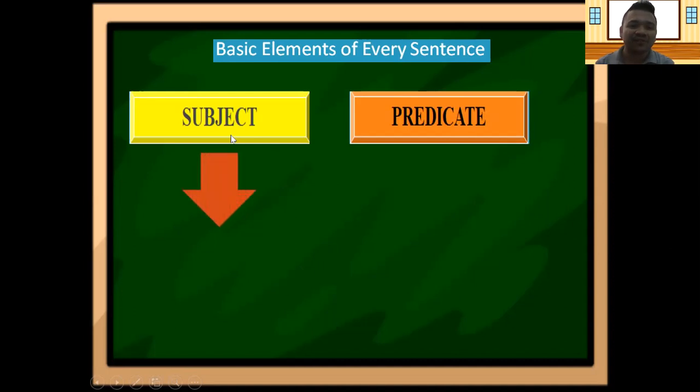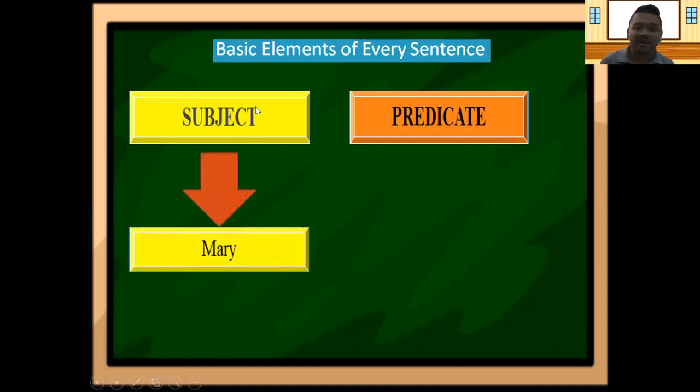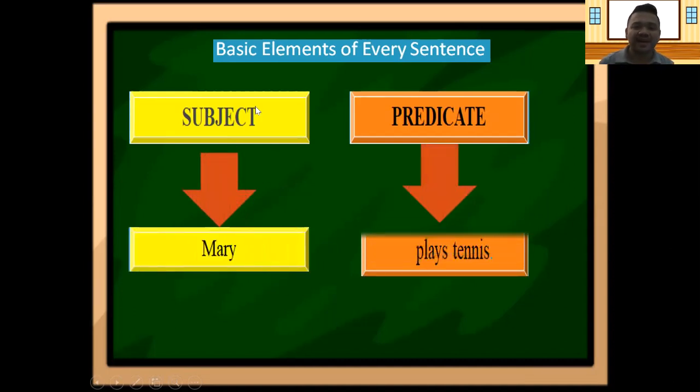For example, the subject is Mary, and the predicate is plays tennis. So what does Mary do? Plays tennis. This is the basic element of every sentence: a subject and a predicate. The predicate should start with the verb, plays tennis. Anyway, that's not our main focus for today.